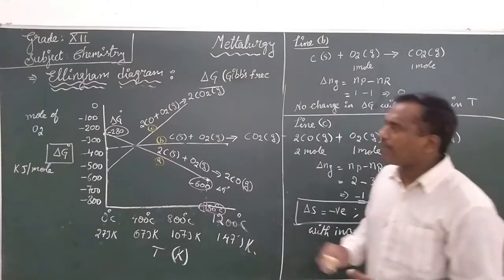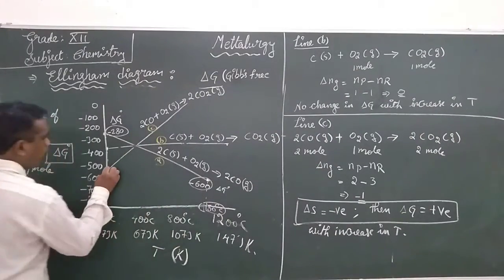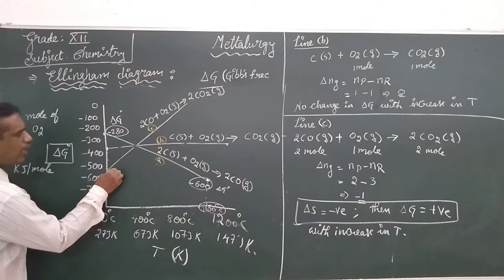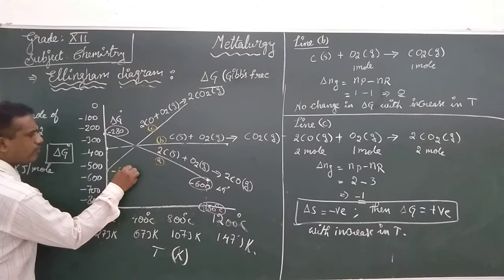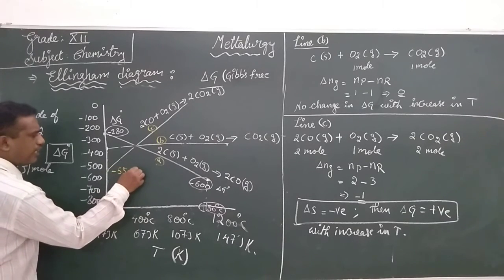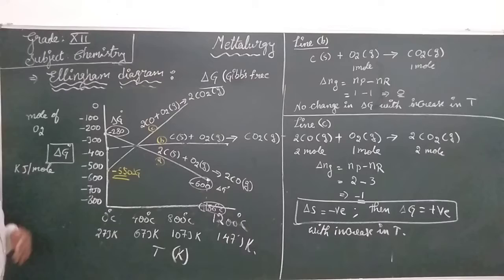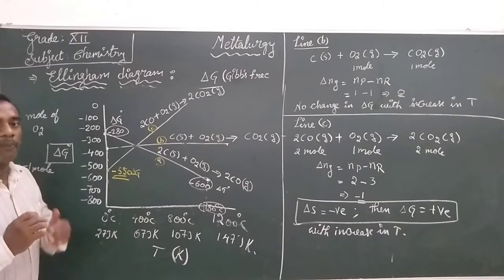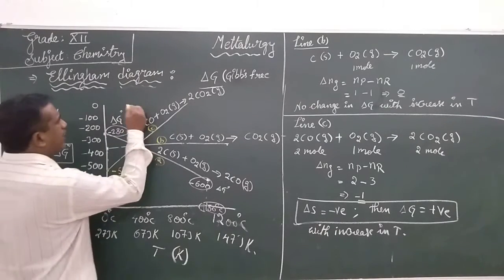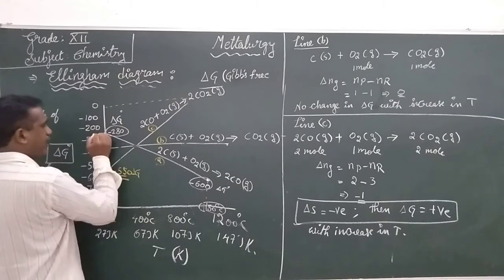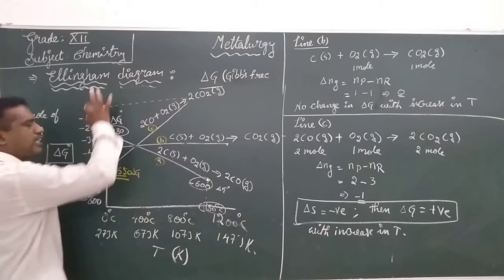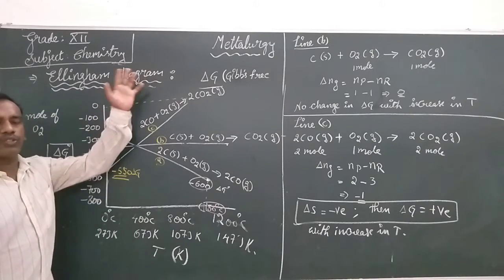Means, shall we speak, in the starting, what is the delta G negative value? Approximately minus 550 delta G. Approximately, it's not exact. I have given approximately. In the final, where is the delta G value we got? It is changing from negative toward positive.